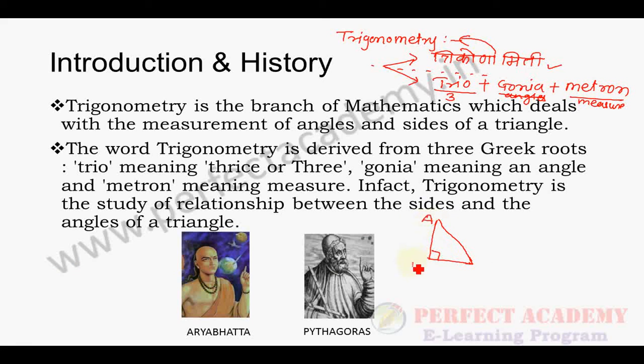Suppose we have the right angle triangle ABC, then by using Pythagoras theorem we can say that AB square plus BC square, that is base square plus height square, is equal to hypotenuse square. The side opposite to 90 degrees is referred to as hypotenuse.